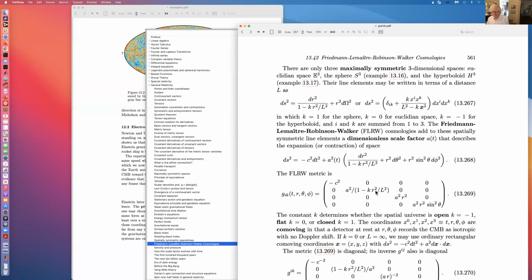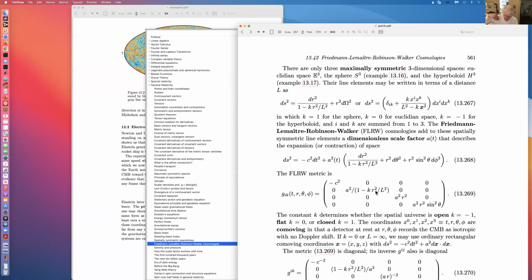These Robertson-Walker metrics are what we assume our cosmology is, because we're assuming that it's maximally symmetric. Now, is it really maximally symmetric? Of course, nobody knows, but this is the best guess that people have, that it's maximally spatially symmetric.